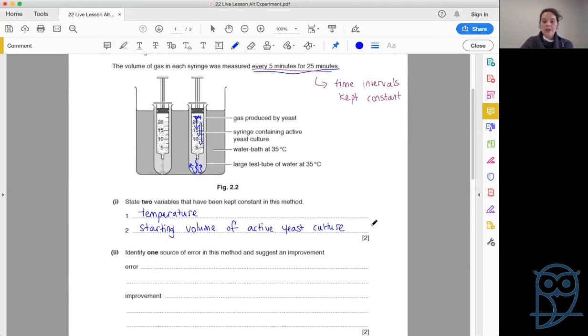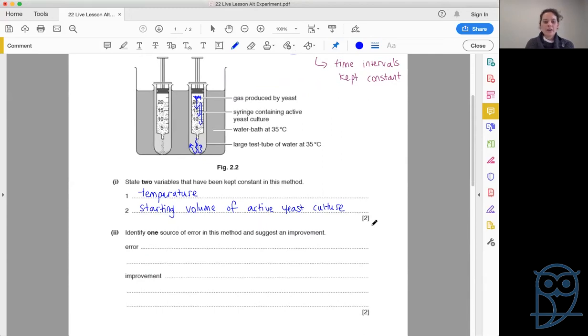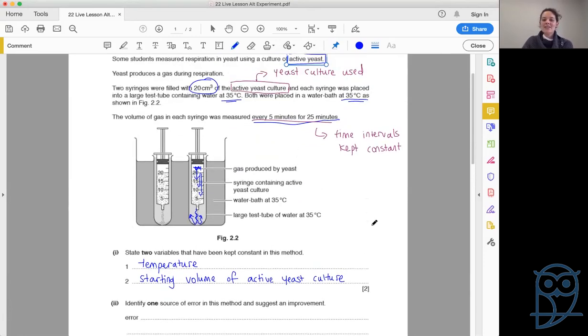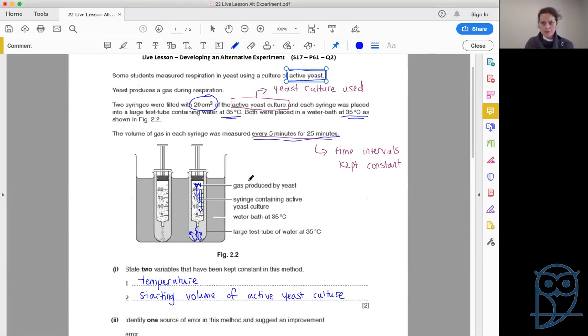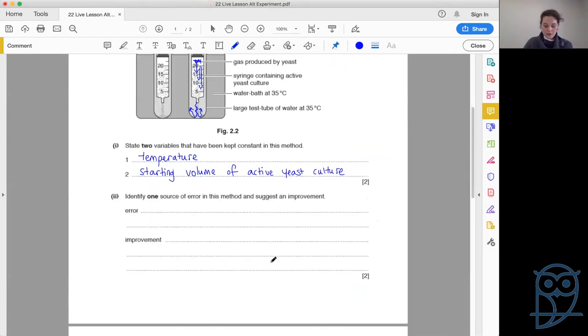So moving on, they ask us to identify one source of error in this method and suggest an improvement. One source of error, only one. Okay, so yes, we did underline and we were quite happy with a few things here, but this is not a very detailed description and therefore we've got open to error. So, one thing that rings in my mind straight away is whenever we're using a water bath like this, a beaker water bath, that temperature is not controlled for the duration of the experiment.